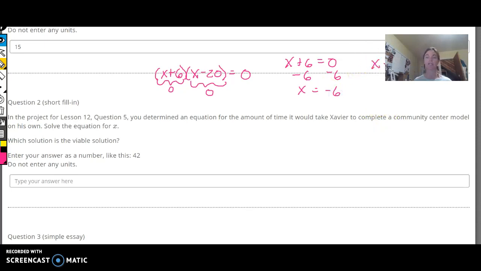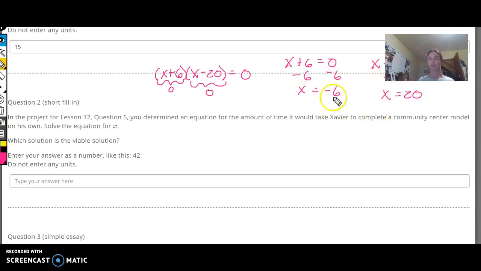x minus 20 equals 0 when we add 20 to both sides, and x equals 20.